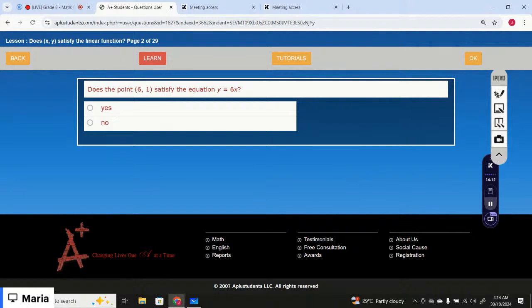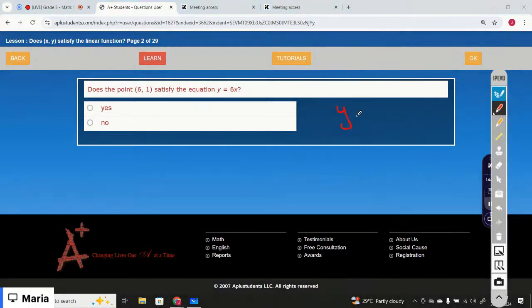Does the point 6, 1 satisfy the equation y equals 6x, right? The ordered pair you are given is x is 6, y is 1.